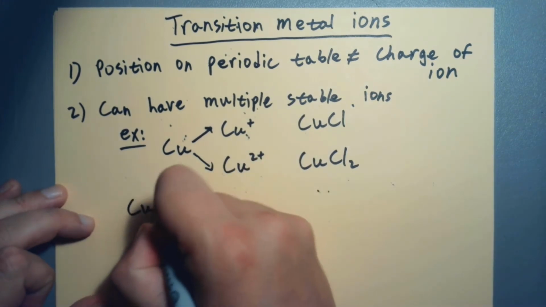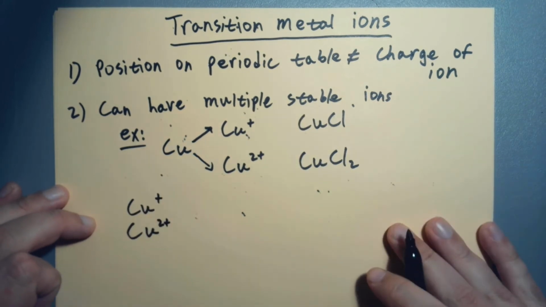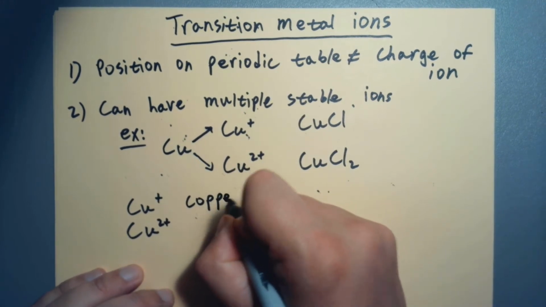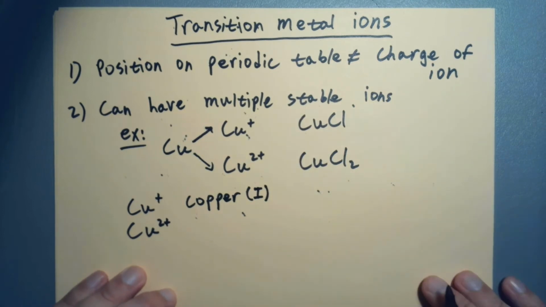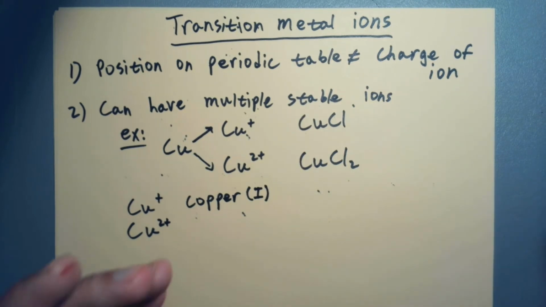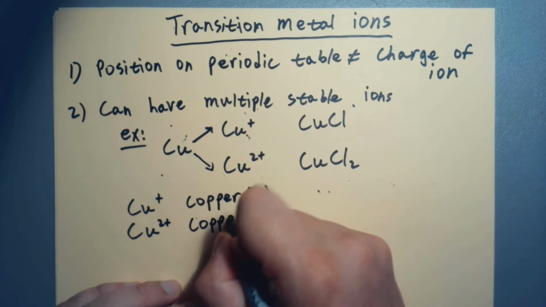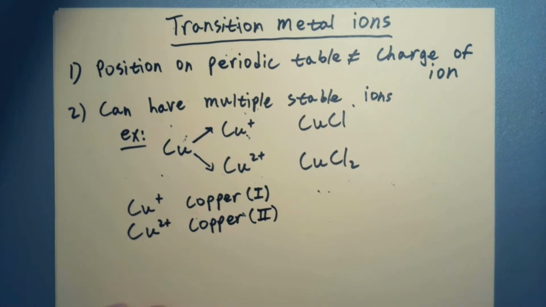But I'm going to write them over here so I can write the names with them. Cu+, we call this copper 1. If you guessed that it was the number, good job. And what that means is we use Roman numerals because we can't make it too easy for you guys, right? Got to make some challenge in there. If we can't work Latin in, well, we can work in their number system in copper 2.